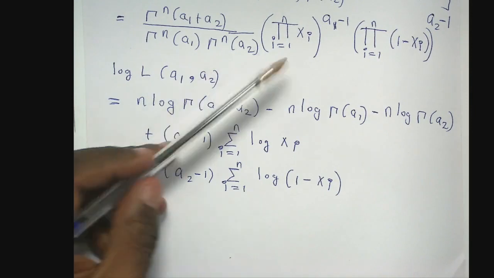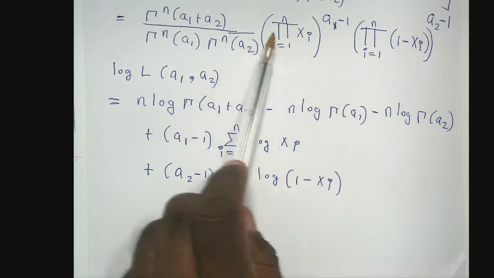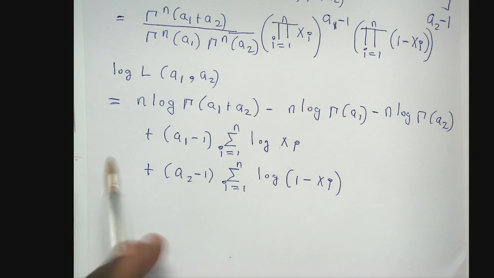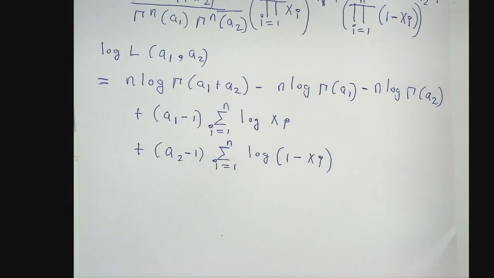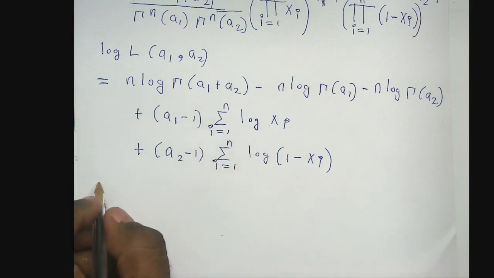Remember the property that the log of a product is the sum of the logs. That's what I have used here. The same thing here. Once again, the course website has a link to elementary mathematics with a list of properties you can remember to simplify likelihoods.